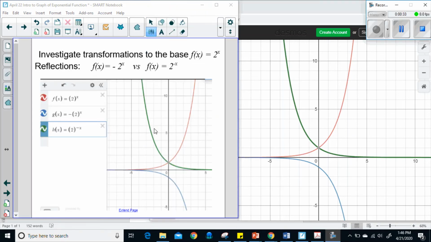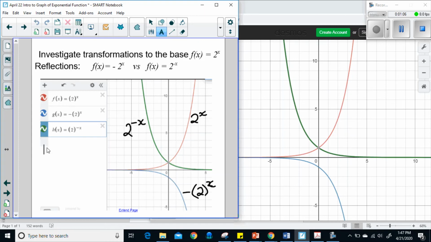Okay, so let's just make sure we jot all that down. So this red function here is just my usual 2 to the x. When I put the negative in front of my base, I had a reflection in the x-axis. And when I had my negative up top here, in with the x, then that made it a reflection over the y-axis.